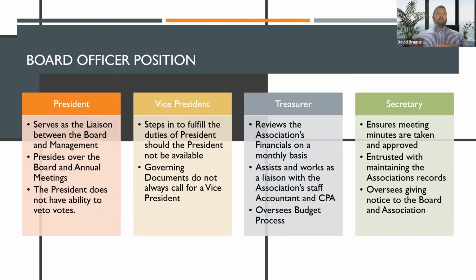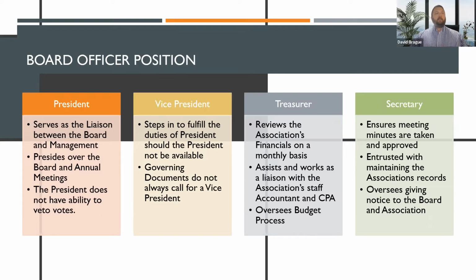They preside over the annual meetings and the board meetings, but they do not have the ability to veto votes. They don't have extra powers or anything like that. It's all still based on a democratic count of votes between all the board members, a majority vote.